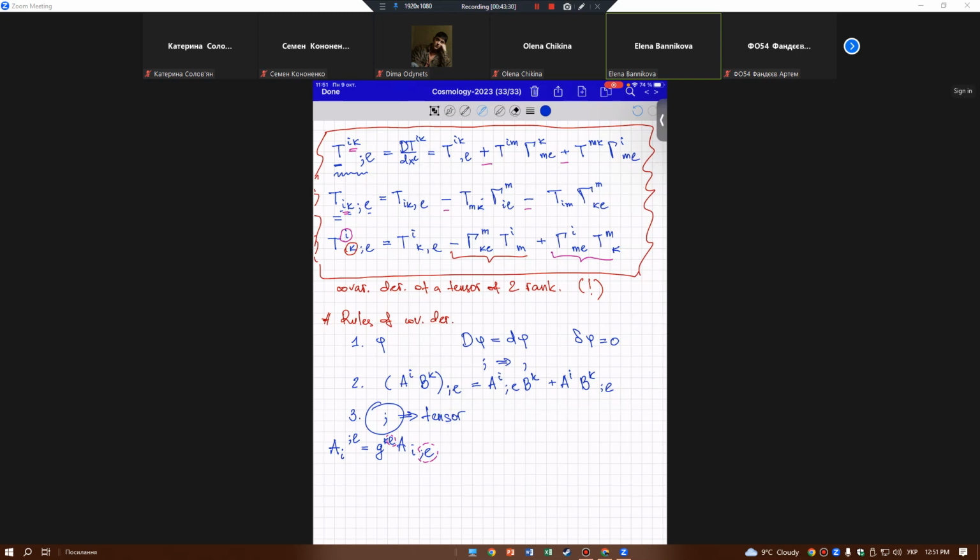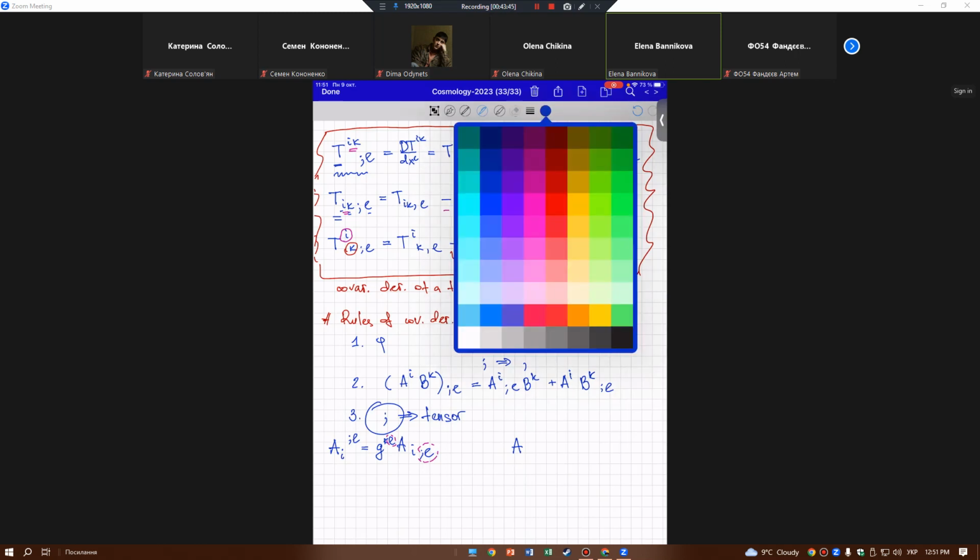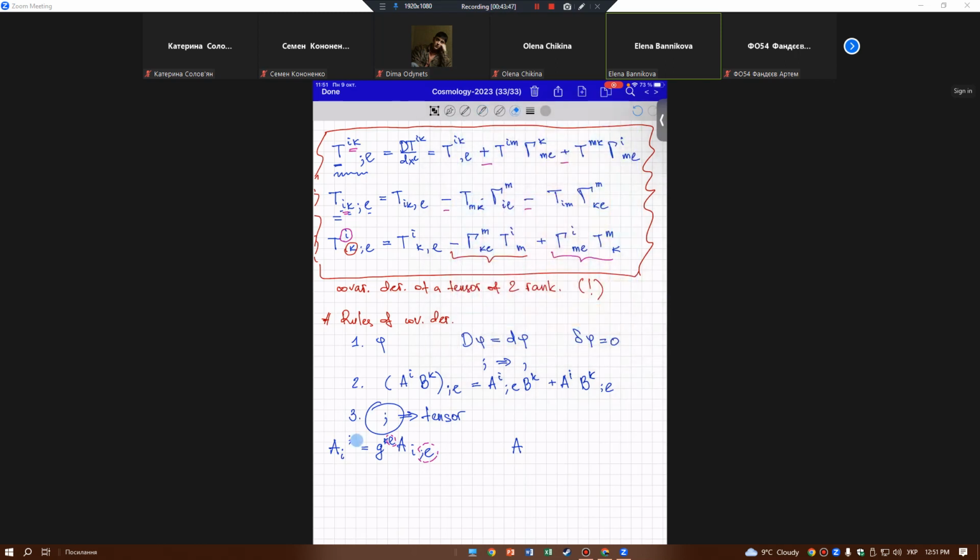And otherwise, if I have A_i, sorry, I, of course, L disappeared here. It's a mistake. I need to put another index next to the covariant derivative. Which index do I need to put? Tell me, please.